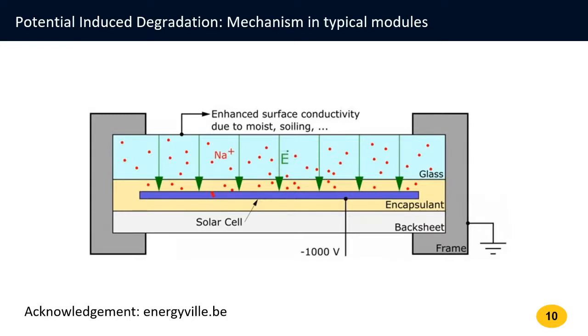So there'd be an extremely large electric field between the glass and the cell, and that strong electric field will cause the migration of sodium or other positive ions from the glass through the encapsulant, through the anti-reflective coating into the cell, into the emitter, and then into the junction. Now this can provide other problems because it can induce additional energy layers, or energy states, within the band gap. I'll discuss that in the next slide.